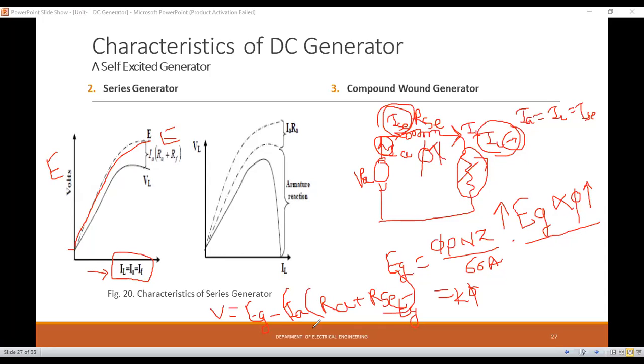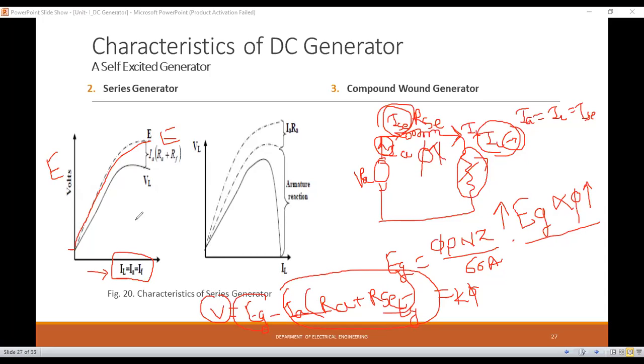This Ia into (Ra plus Rse) is nothing but the voltage drop across the armature and also across the field winding. When this is subtracted from Eg, we get V.